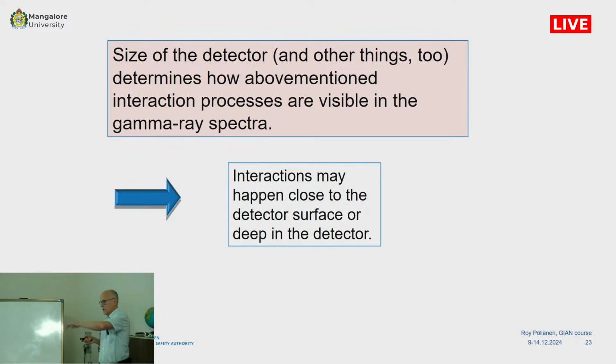So if you take into account previous slides, the size of the detector and also other things determine how the above mentioned interaction processes are visible in the gamma ray spectrum. So interactions may happen close to the surface of the detector or deep, or perhaps no interaction at all. It might happen.